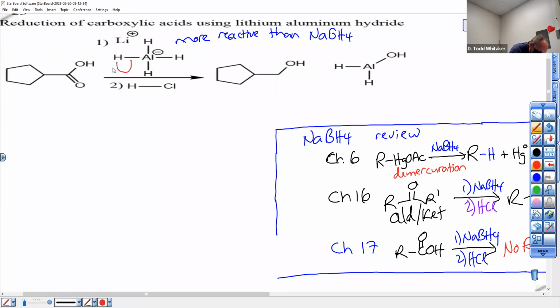You generate H minus first. That's why it has the name hydride in it, because the behavior is that of a hydride nucleophile. In this case, the first hydride nucleophile is going to be consumed in an acid-base reaction.